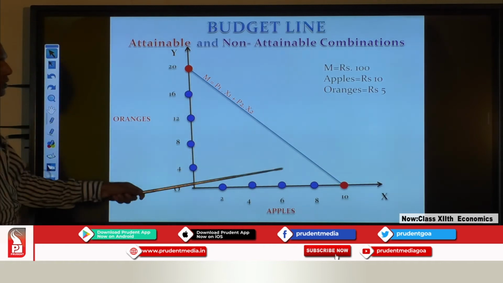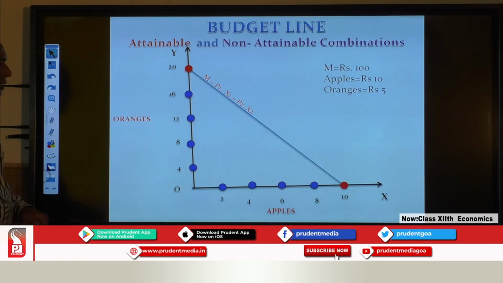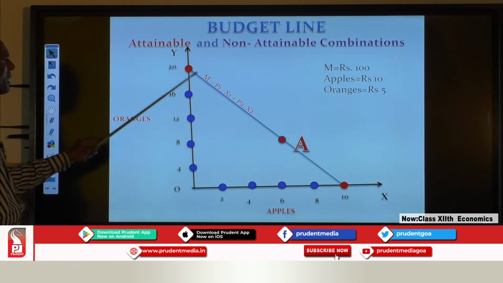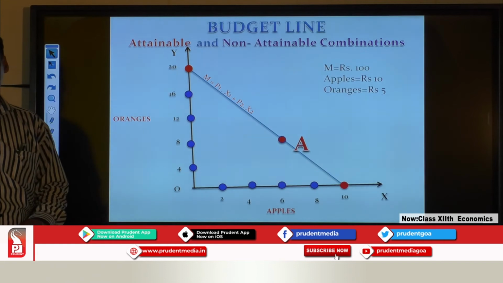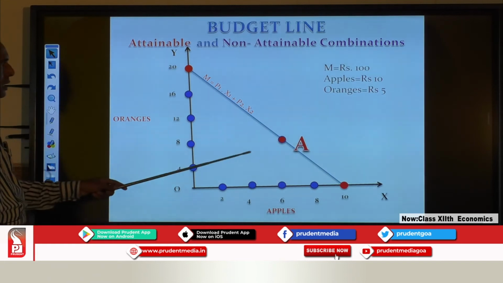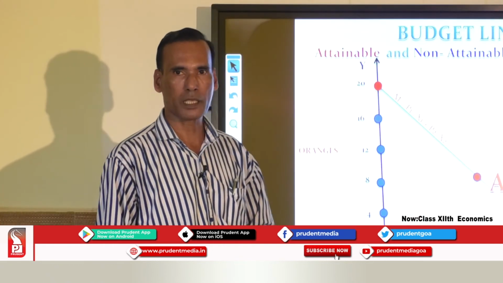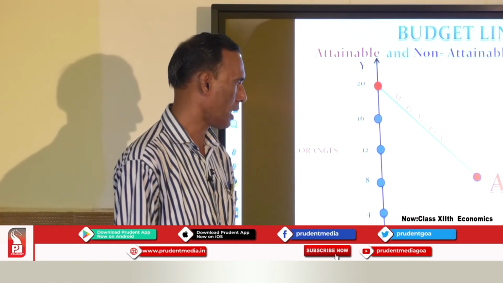And with that, I have drawn the budget line. Now, point A. This point is lying on the budget line. Now, it indicates that the full amount, or the income of the consumer, is utilized.